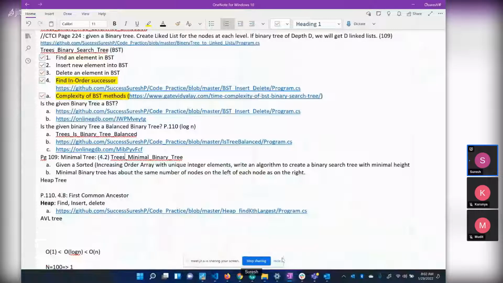Just give me a minute. I can check it. Actually, I have that book. So they talked about the complexity. So check balance, right? It is at page 244.